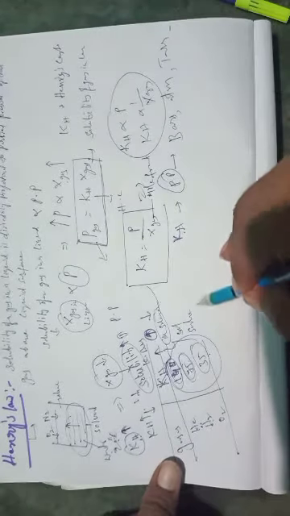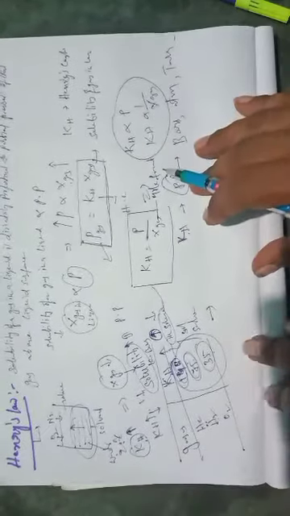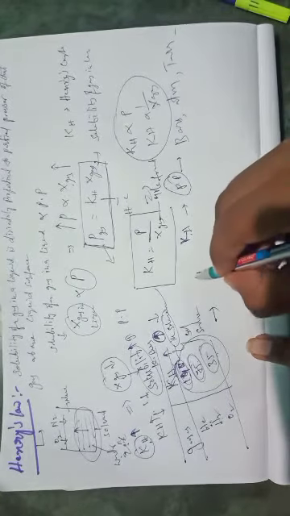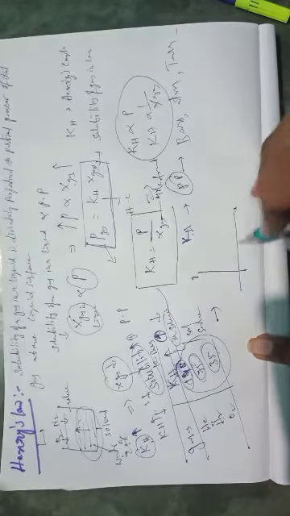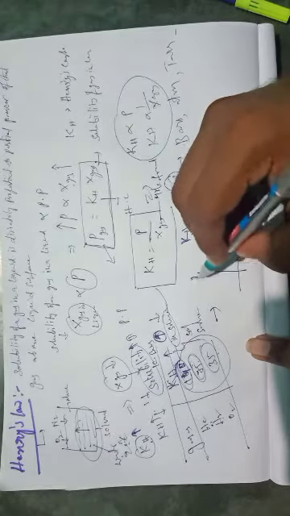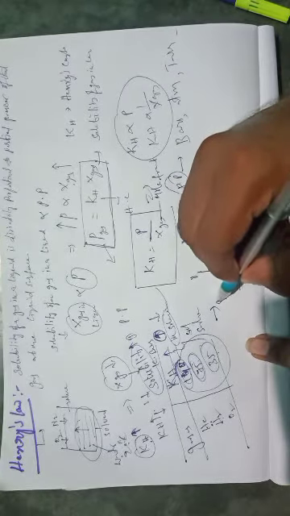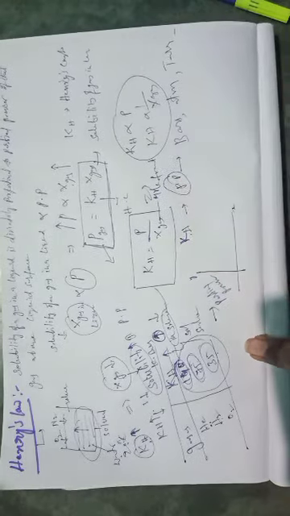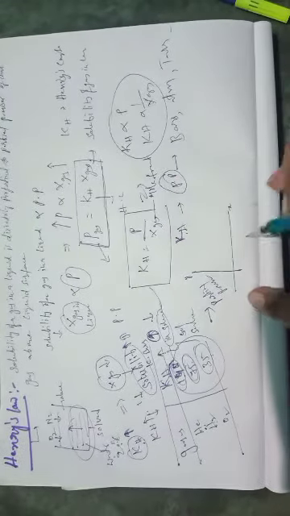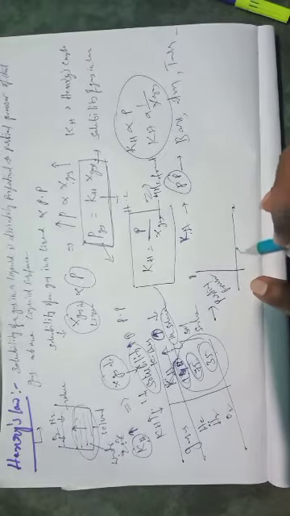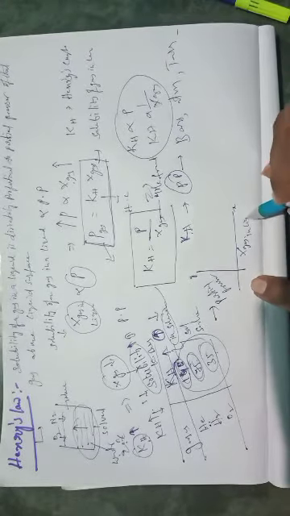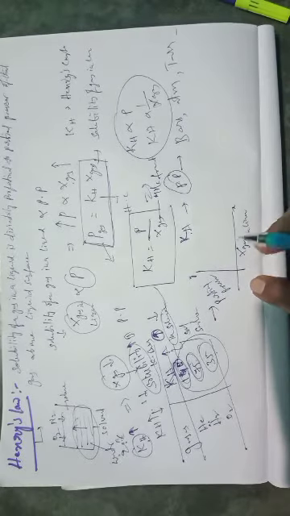Now let's consider the graph. This is the y-axis, this is the x-axis. The y-axis represents partial pressure. The x-axis represents the solubility of the gas in liquid.